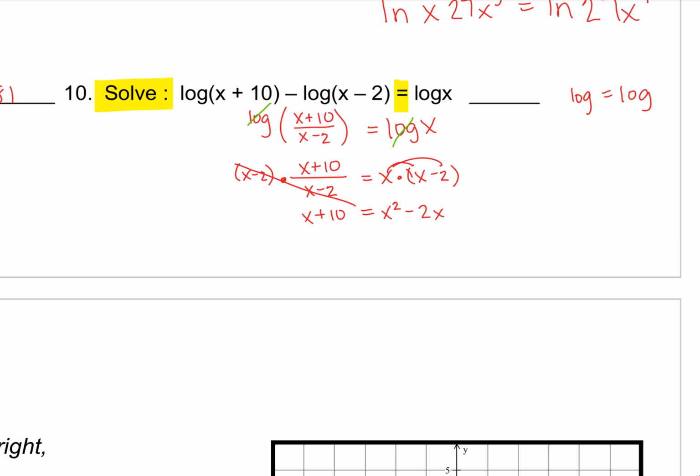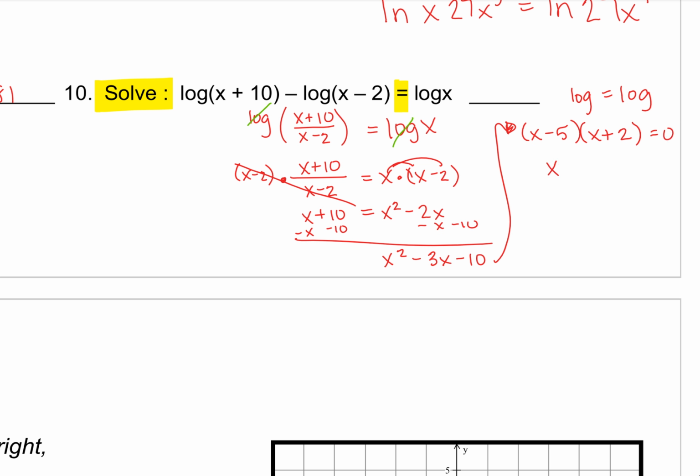When I have an x squared, I now know I need to move everything to the other side so that I can solve it. So I'm going to do a minus x and a minus 10, minus x, minus 10. So that I have to solve x squared minus 3x minus 10. Well, to do this, I'm going to actually have to factor what times what gives me negative 10, but adds to be a negative 3. Well, I get x minus 5, x plus 2.